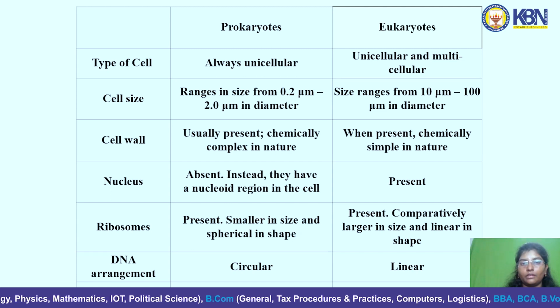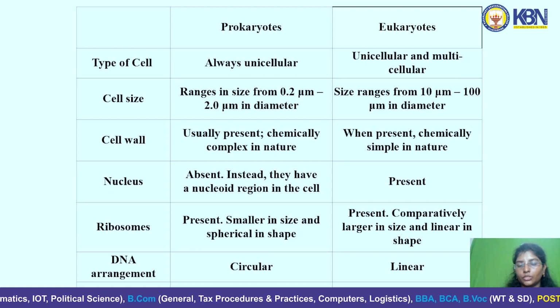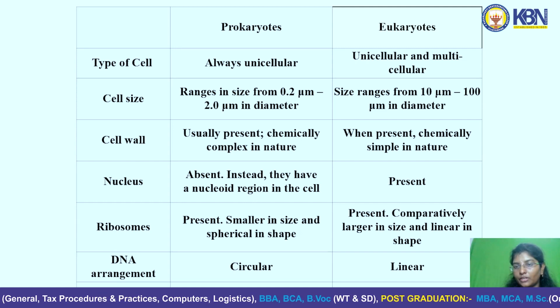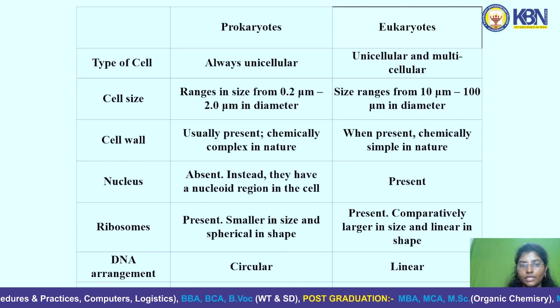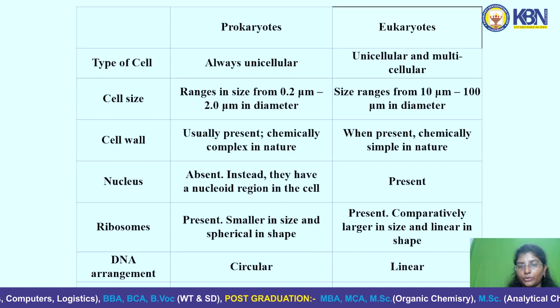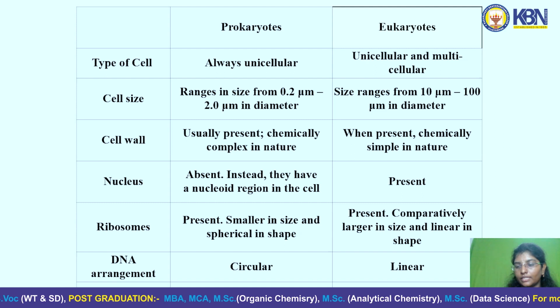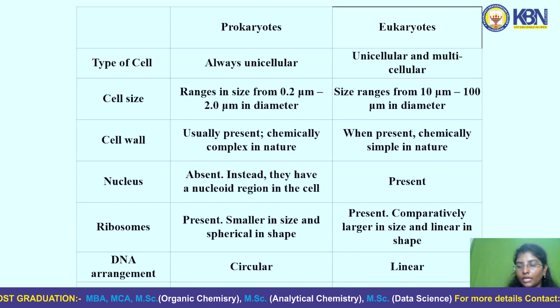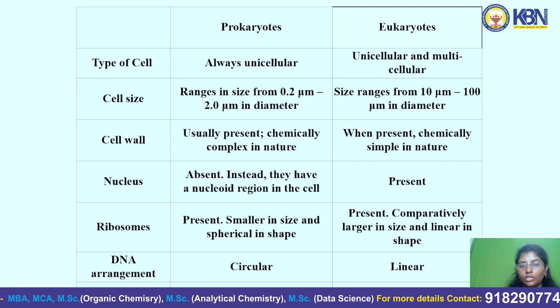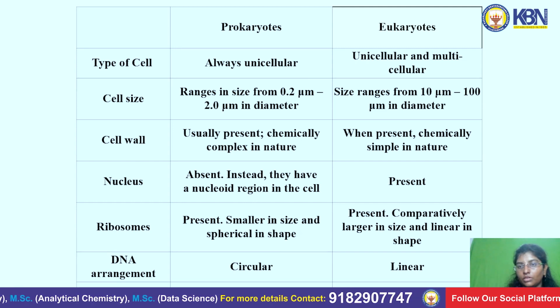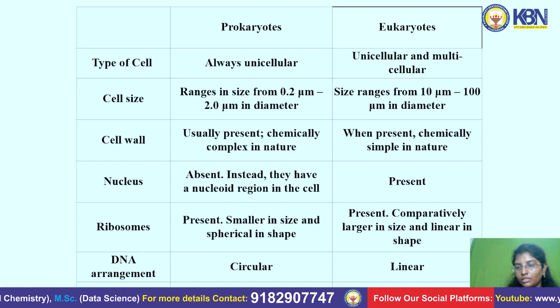Differences between prokaryotes and eukaryotes. Prokaryotes are unicellular, and eukaryotes are unicellular and multicellular. The cell size in prokaryotes ranges from 0.2 to 2.0 μm in diameter; in eukaryotes it is 10 μm to 100 μm. The cell wall is usually present and chemically complex in prokaryotes; in eukaryotes, if present, it is chemically simple.